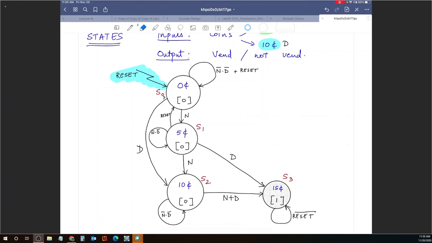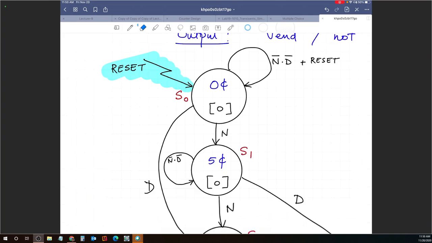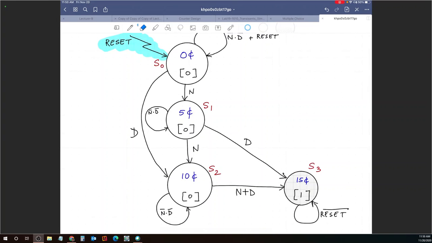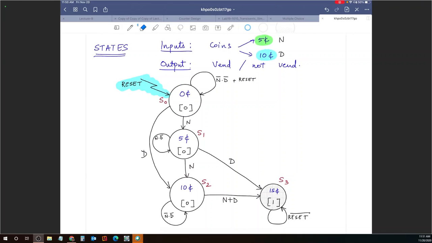I'm just erasing the reset arrows. And that's it. You guys see this? So this is how you would draw a state diagram from a problem statement given.